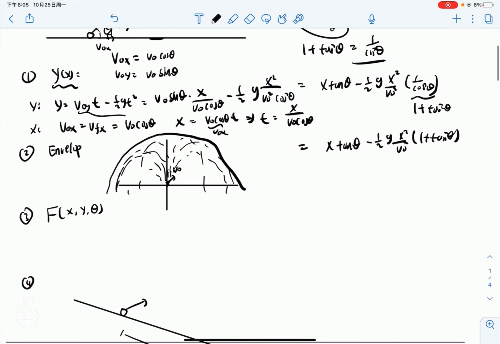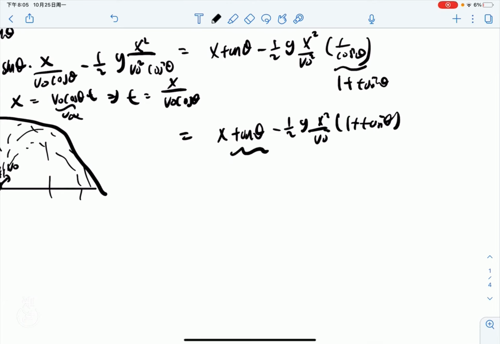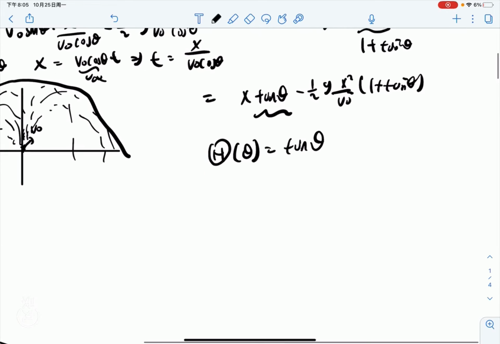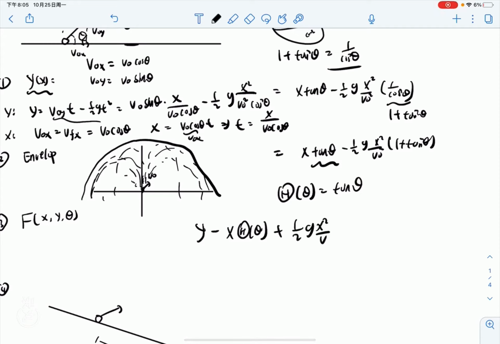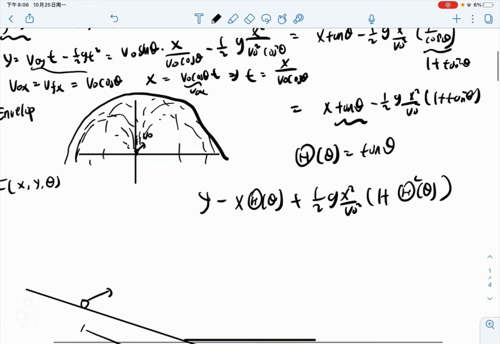So the first way is to use the quadratic equation. We can write this function in terms of tangent theta. So this function becomes y minus x tangent theta plus g x squared over 2 v0 squared times one plus tangent squared theta.